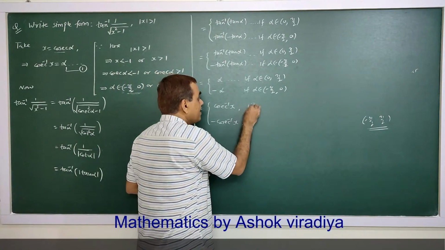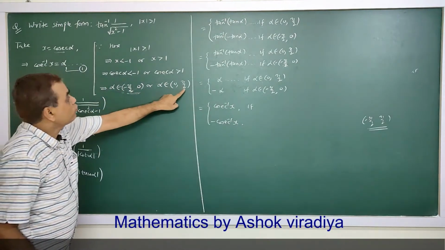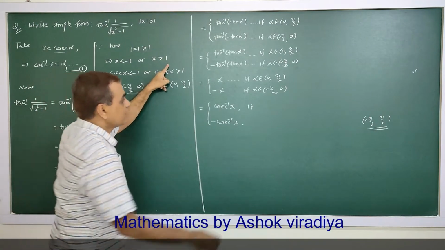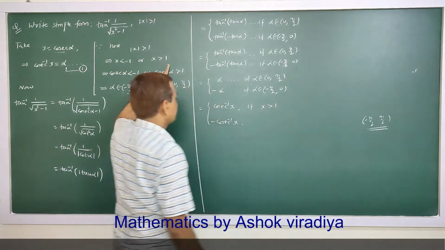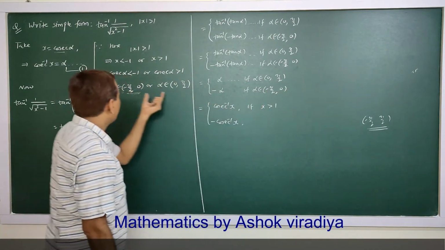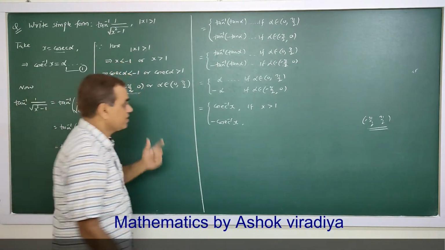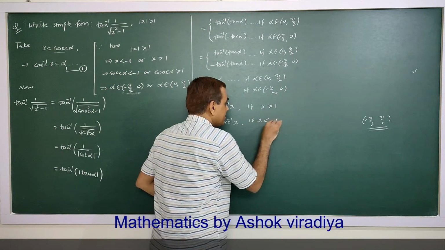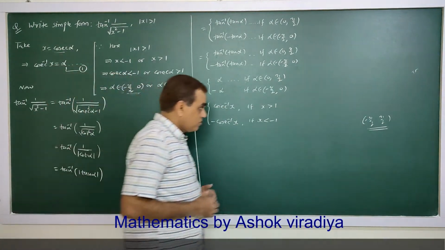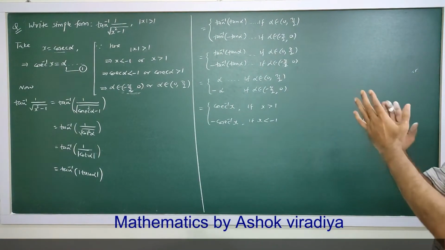So here when alpha is in 0 to pi by 2, at that time x is more than 1. So here I keep the condition x more than 1. And when alpha is in minus pi by 2 to 0, at that time x is less than minus 1. So x is less than minus 1. Now we can show this as the final answer in this question.